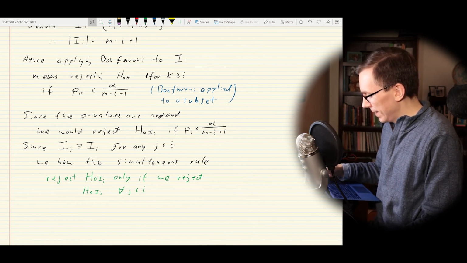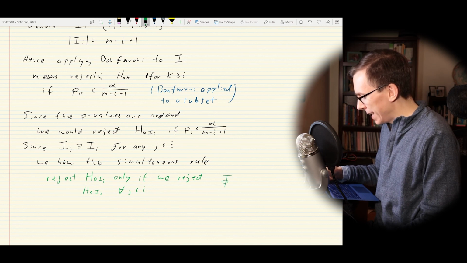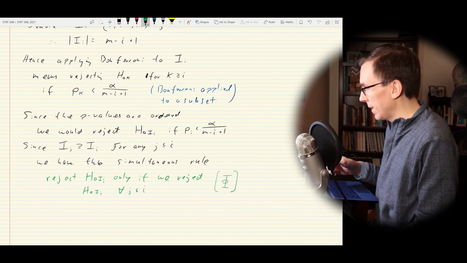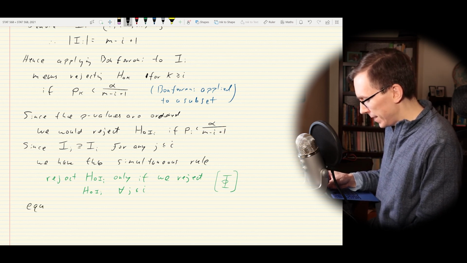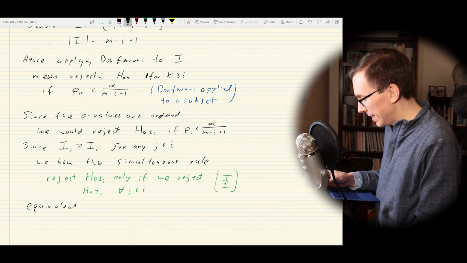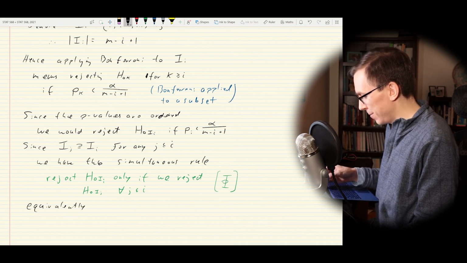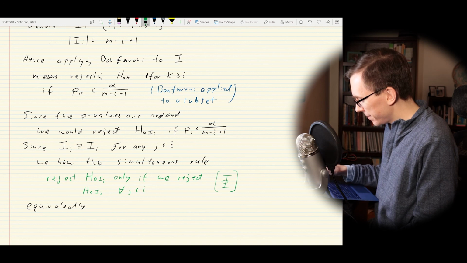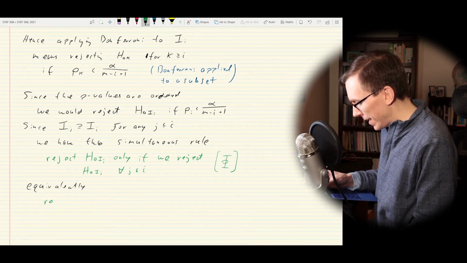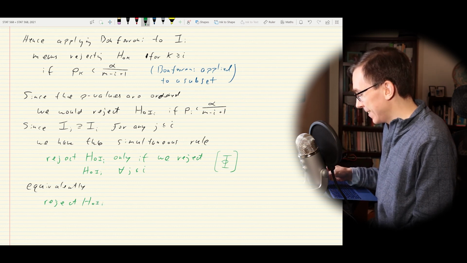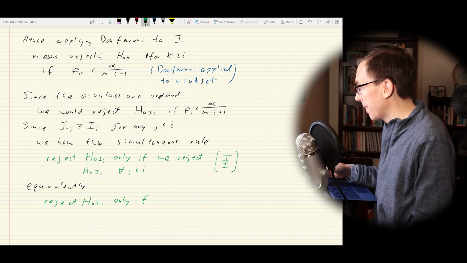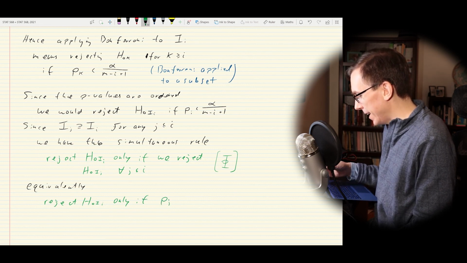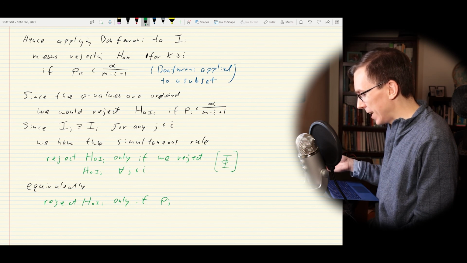This is the great capital Phi that I was talking about. And this is equivalently, well, reject H naught capital I sub I only if Pj, so wait, why would we reject H naught I sub j?